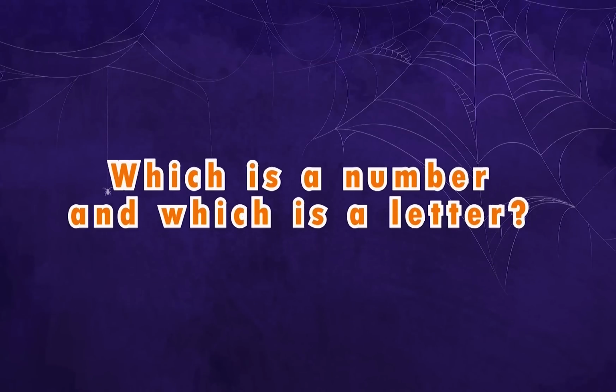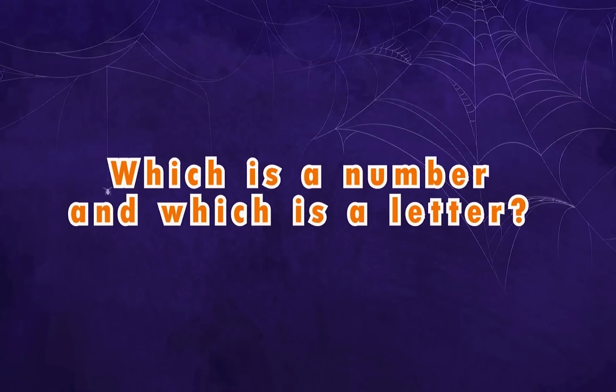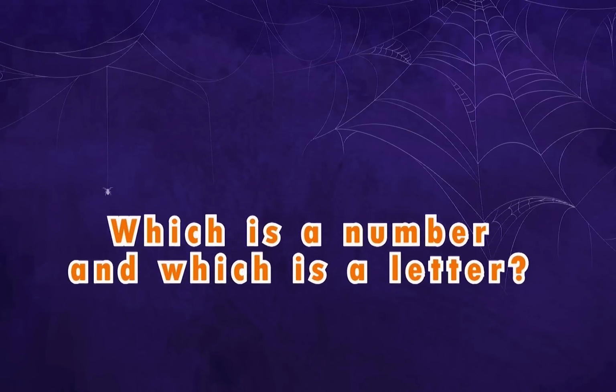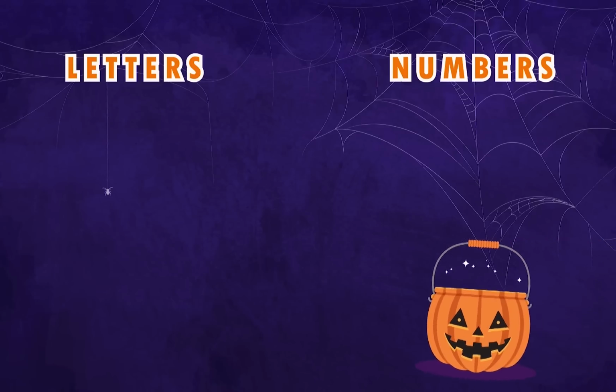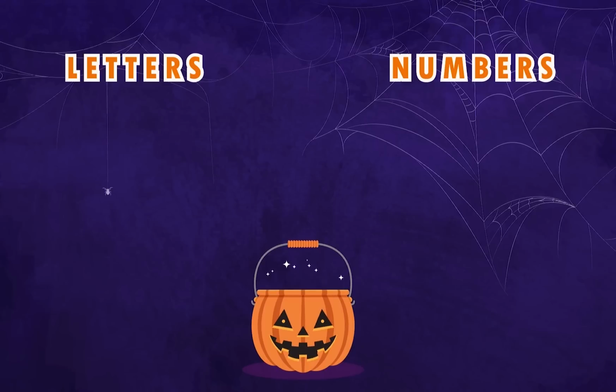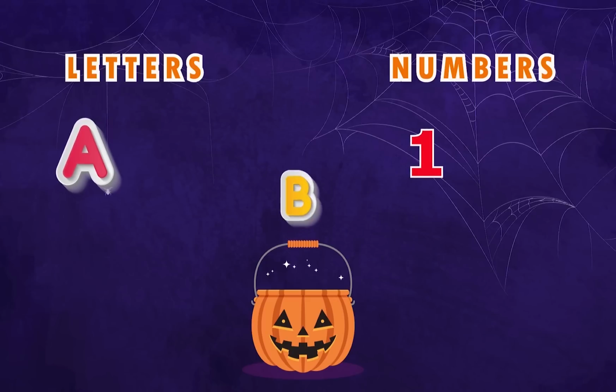Which is a number and which is a letter? Letters, numbers. This is a letter A. Next is number 1.